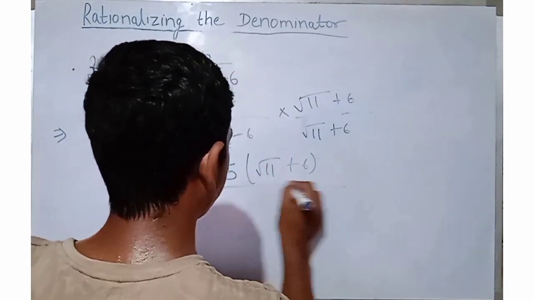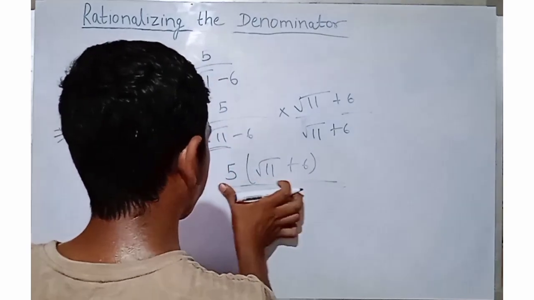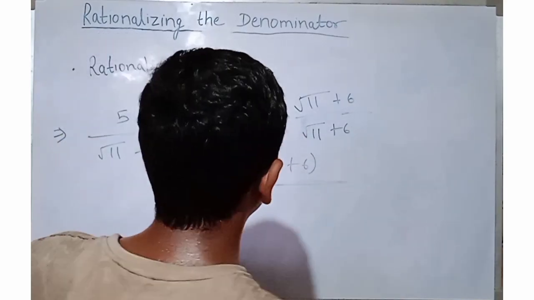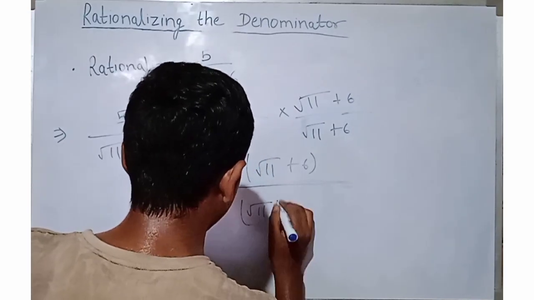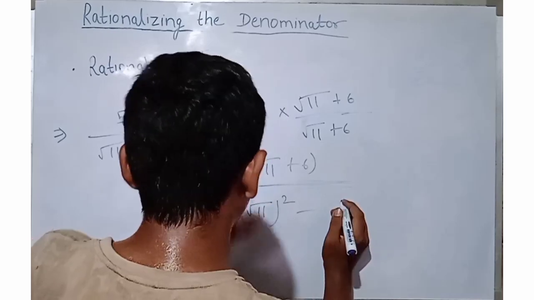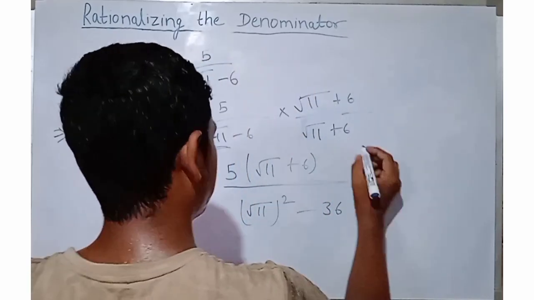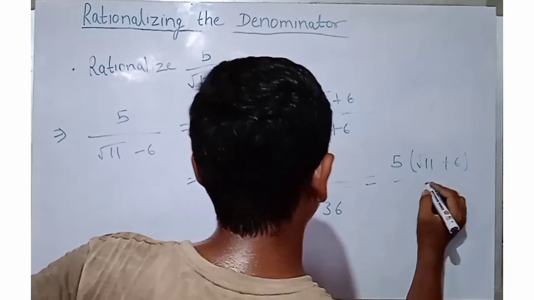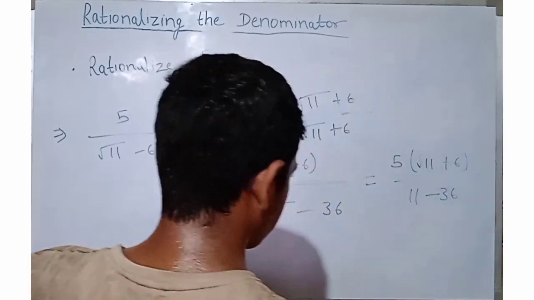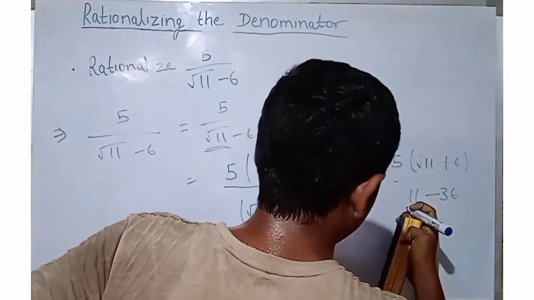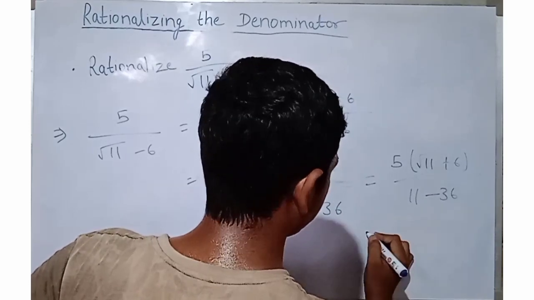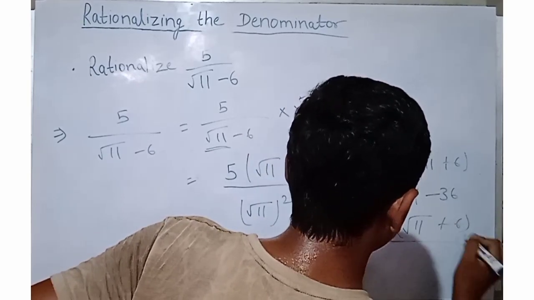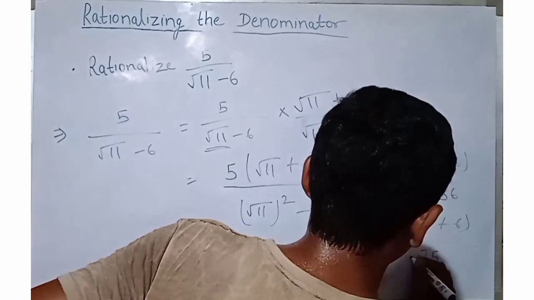So it will be a minus b times a plus b, so a squared minus b square, where b square will be 36, since 6 square is 36. So it will be 5 root 11 plus 6 by 11 minus 36. 11 minus 36 will be minus 25.